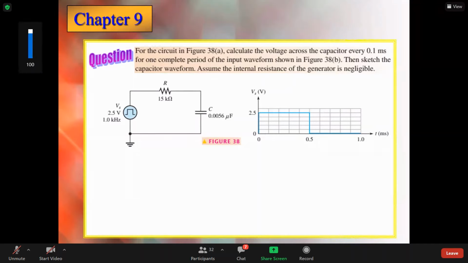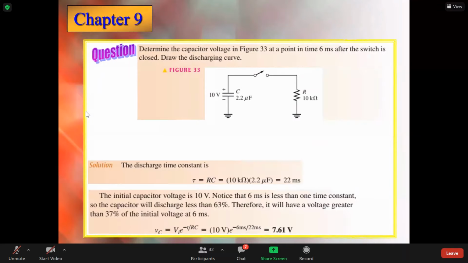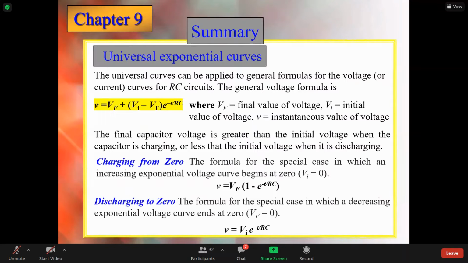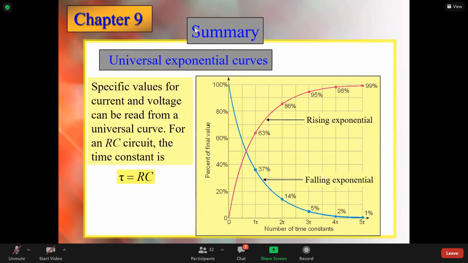Can you please repeat how we find when it is fully discharged? Okay, it's just 5 tau. 5 tau is required for fully charging and fully discharging. See this one, it's mentioned here. If you see this universal curve, you can see the blue one, when it goes to 0 value.